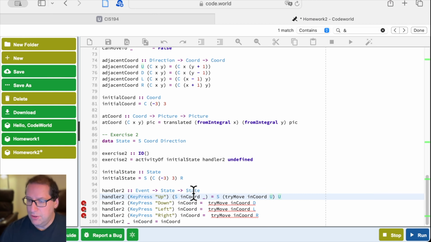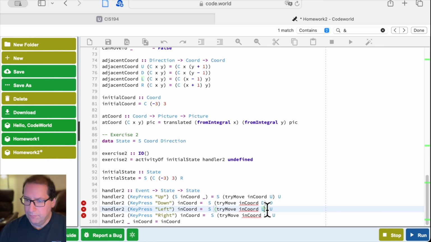And I think if we do this for each of these 4 cases, changing the direction appropriately for them, that's what it looks like.